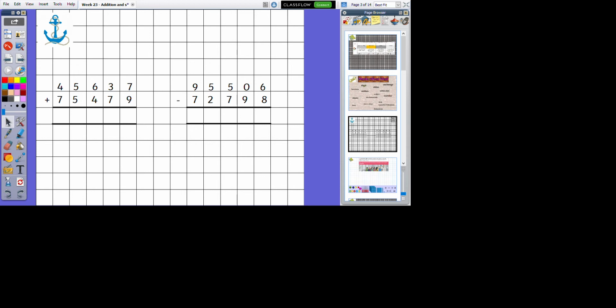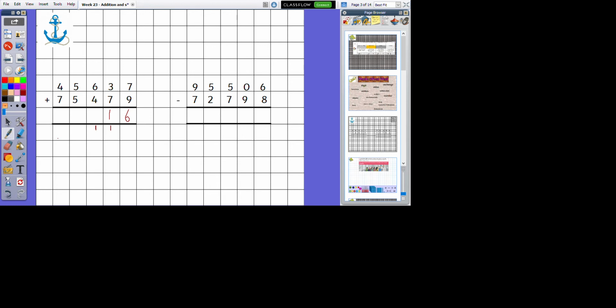Okay, let's have a look at addition first then. So we know that we start with our ones and we work our way up the number. So we have 7 add 9, so if I add 1 to 9 that gives me 10. I have 6 left over, so I have 16. We know we can't have 16, so we need to exchange that 1 into the tens. 3 add 7 is 10, add 1 would be 11, so again we're exchanging that 1. 4 add 6 is again 10.